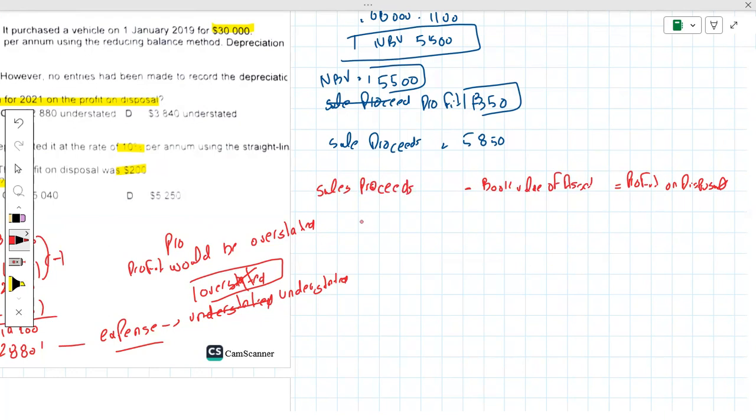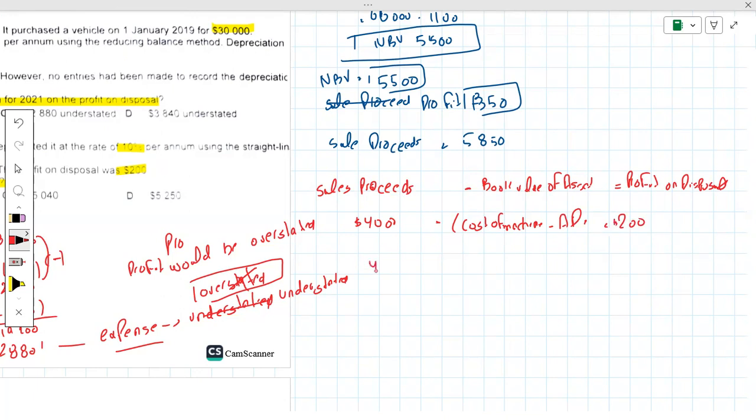Okay, so we have the sale proceeds, which is 4,000. And the book value of asset is equal to cost of machine minus AD. And we also have the profit, which is $200.